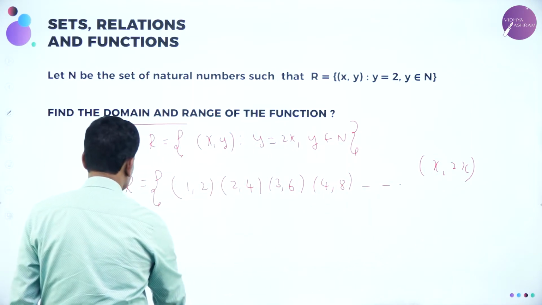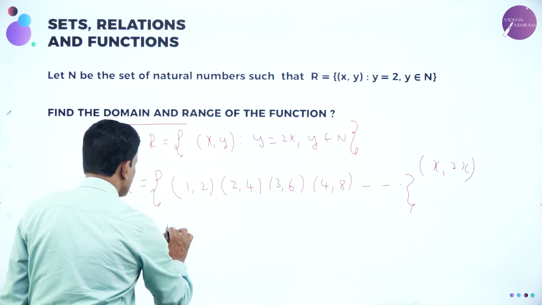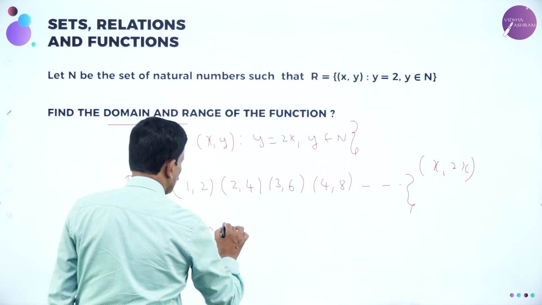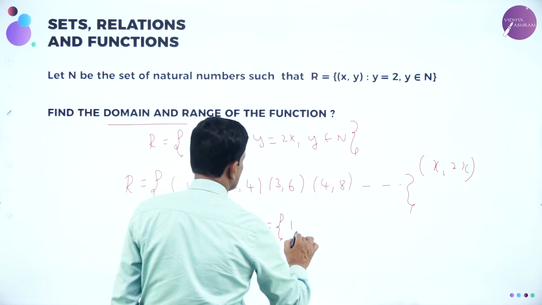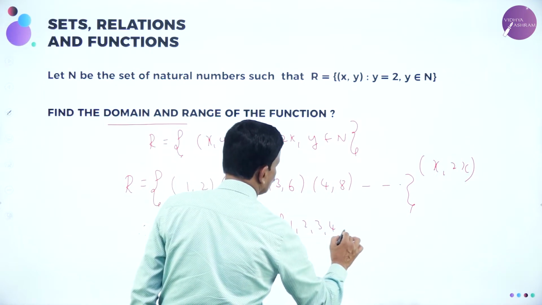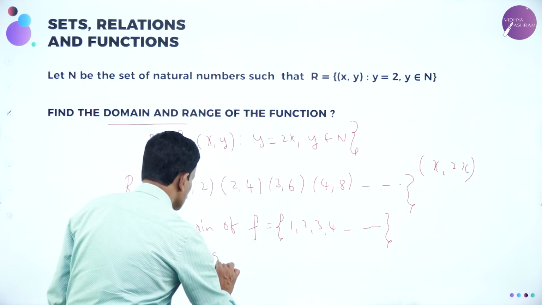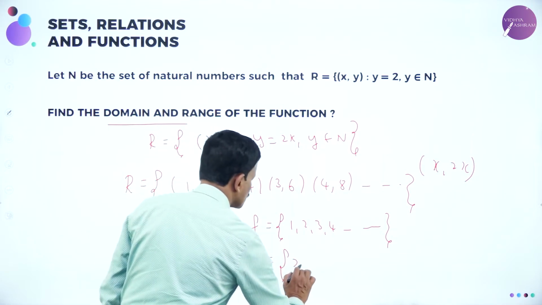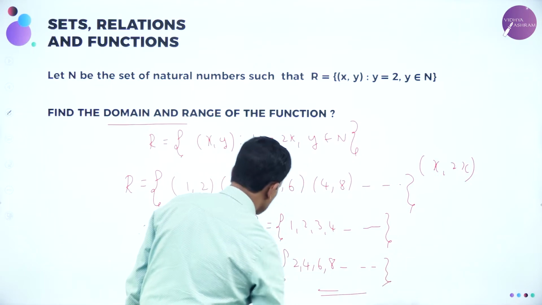So therefore, the domain of the function f is equal to the set of all first elements, that is 1, 2, 3, 4, etc. This is the domain. Whereas the range of f is equal to the set of all second elements 2, 4, 6, 8, etc. This is called the range.